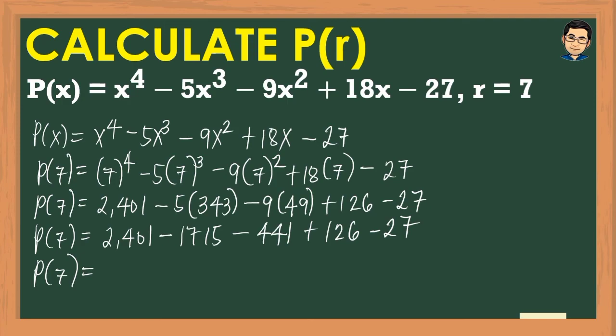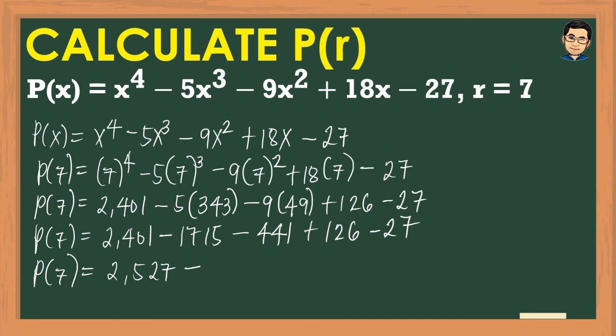Okay, so yung same sign lang po naman dito is 2,401 tsaka yung 126 dun sa positive. So, pwede natin yun pagsamahin. So, 2,401 plus 126, that is 2,527. Minus, so pagsamahin natin yung negative 1,715, negative 441, and negative 27.